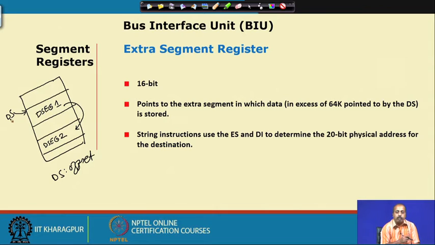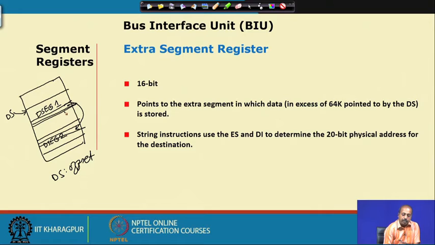That is not possible, because for changing this segment register value you have to first move some value to DS. One possibility is that you copy the content of this location to some code segment part, and then from the code segment you copy it. In two steps we do this, but that will be difficult.